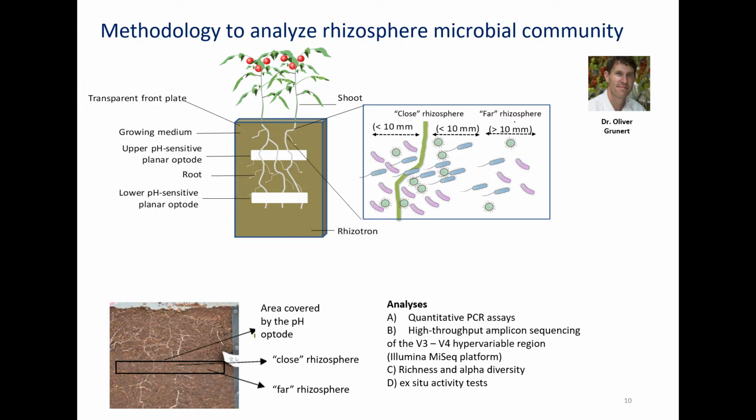So you see here the same rhizotron with the tomato plant treated with the organic fertilizer at different time points. In the orange circle, what I call the near rhizosphere, or near the root, you see a change in color going a bit more to purple and then coming back to orange.